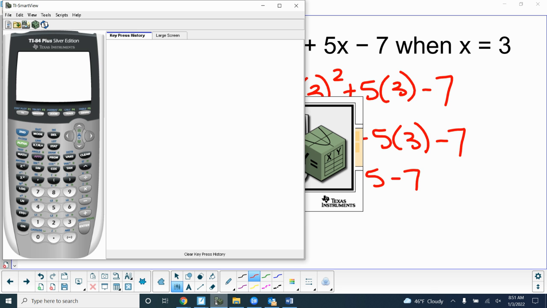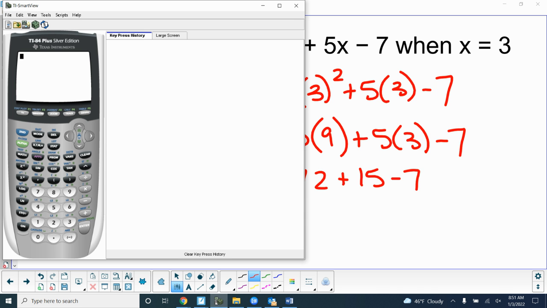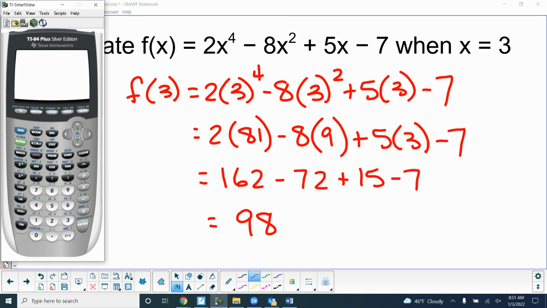Okay? We remember how to use these. We didn't forget, did we? Okay? So again, we've got parentheses. How do I raise something to a power? What button? The one under clear. We call it the caret button, right? So you just do that.